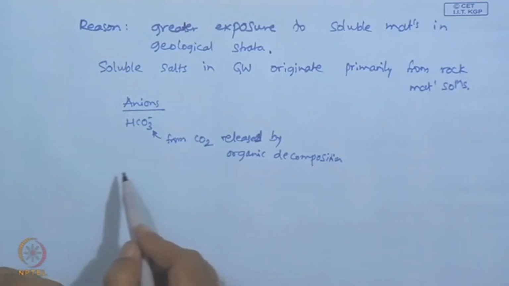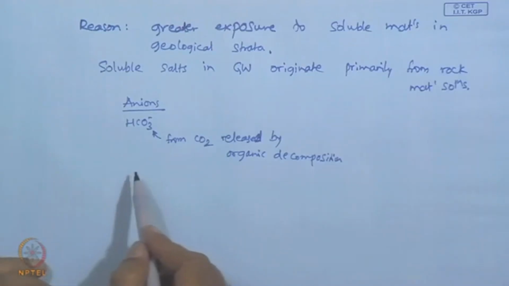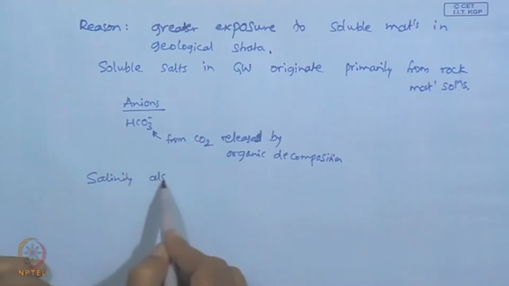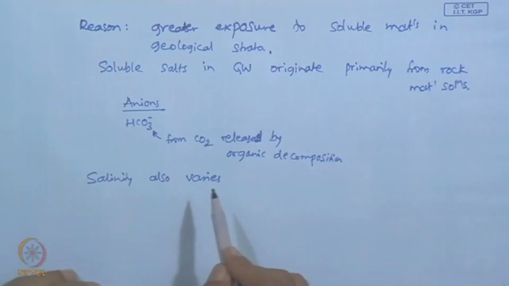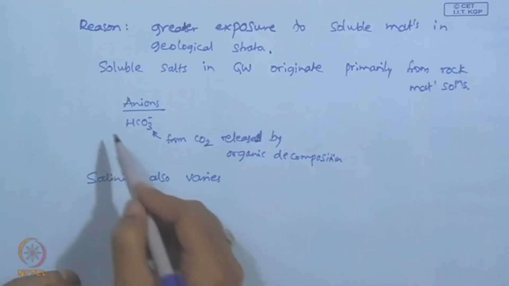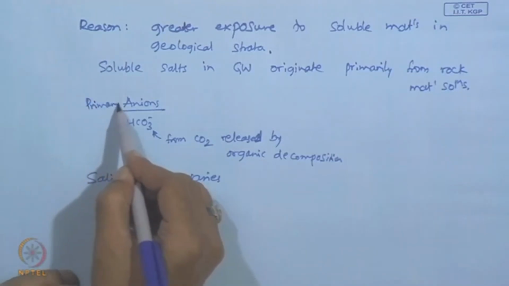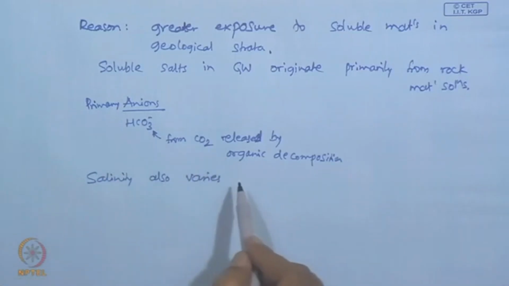The primary anions in groundwater are HCO3.